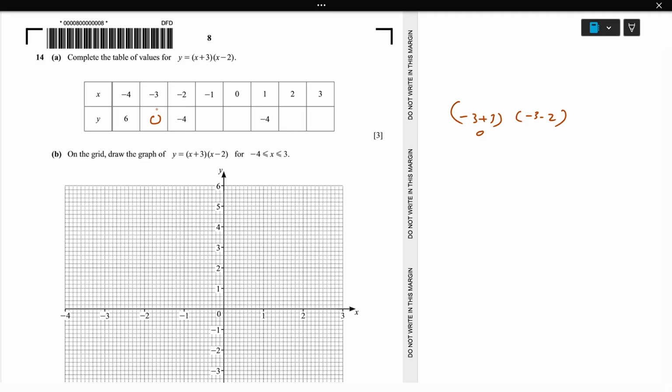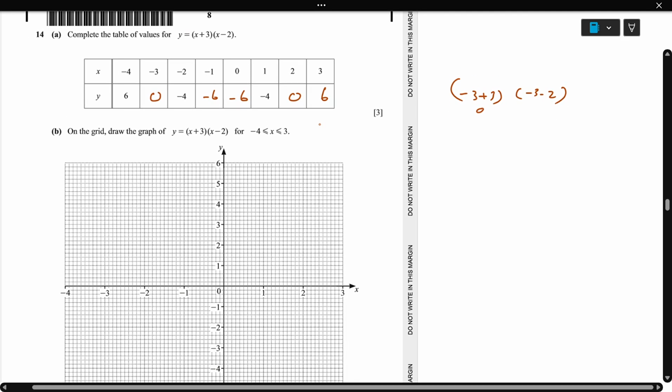Next, when you plug in negative 1, negative 1 plus 3 equals 2, and negative 1 minus 2 is negative 3, so 2 times negative 3 is going to be -6. When you plug in 0, 3 times -2 you will get -6.